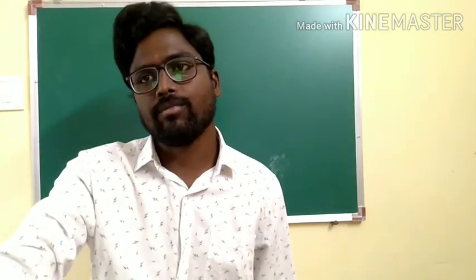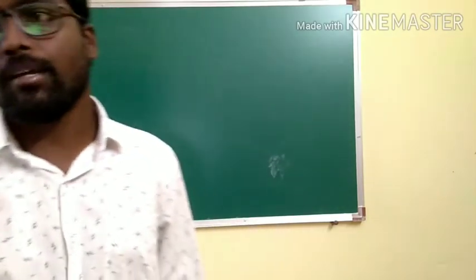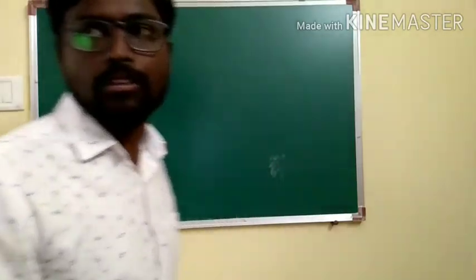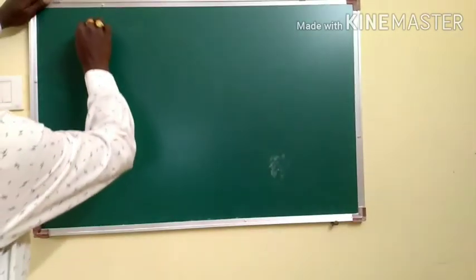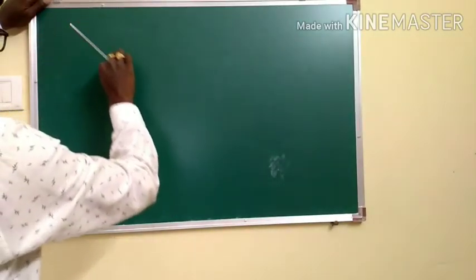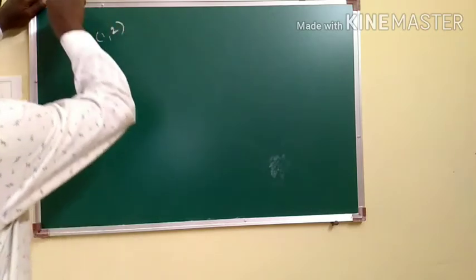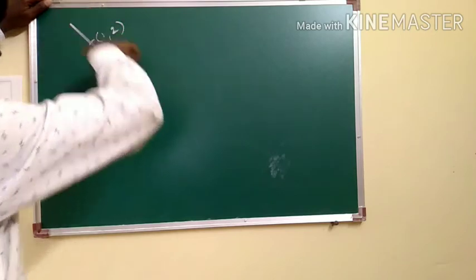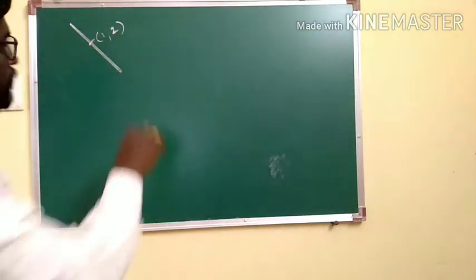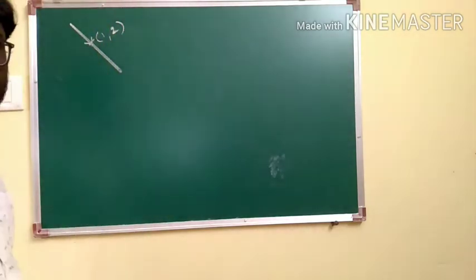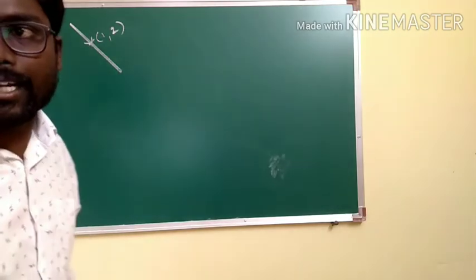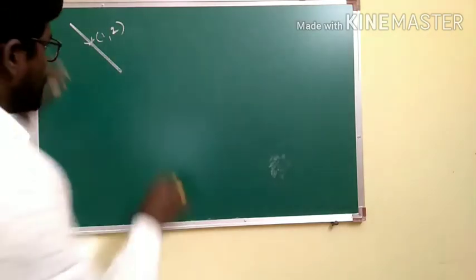What's the question here? A ray of light coming from the point 1 comma 2, means this particular ray is passing through the point 1 comma 2, is reflected at a point A on the x-axis.